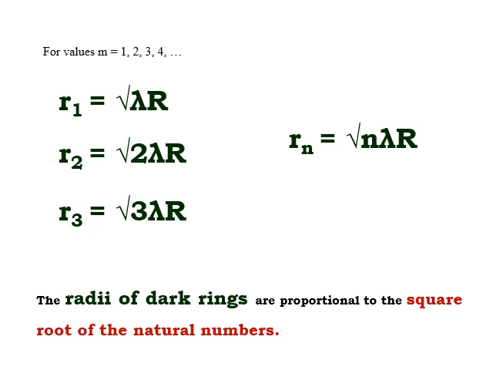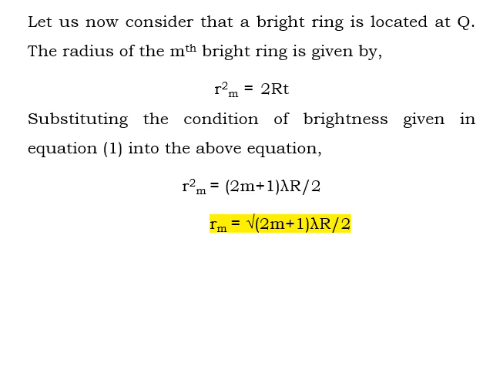From all these equations we can conclude that the radii of dark rings are proportional to the square root of the natural numbers, because lambda R is constant everywhere. Like this, you can determine the radii of bright rings.